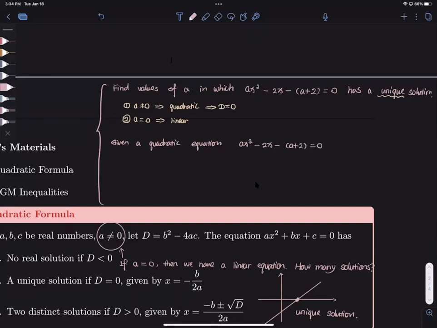So given this quadratic equation, they ask you to determine values of A again, for which values of A we have two distinct solutions.